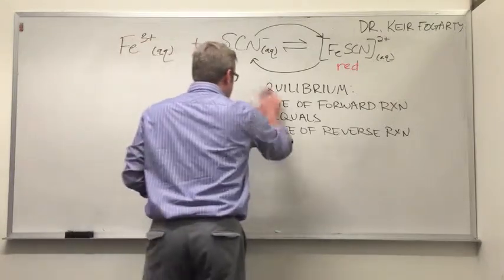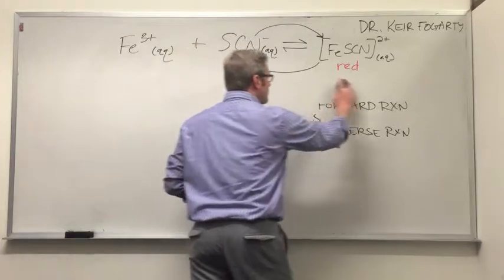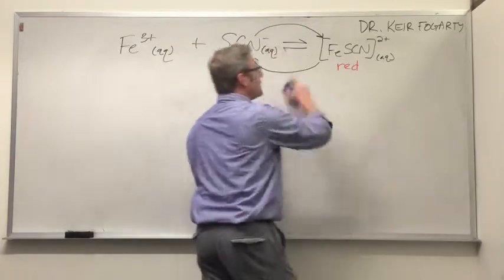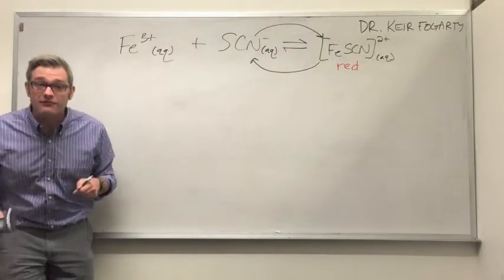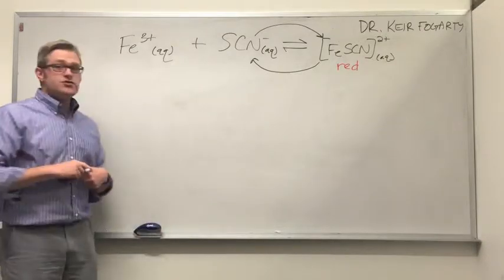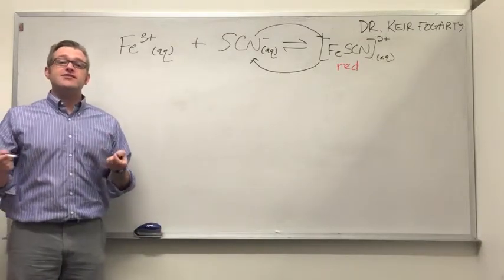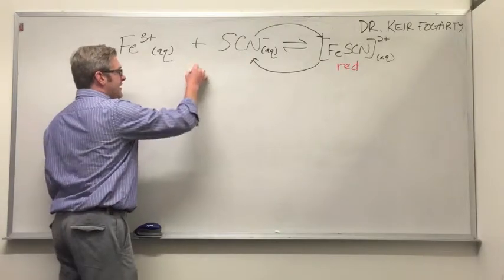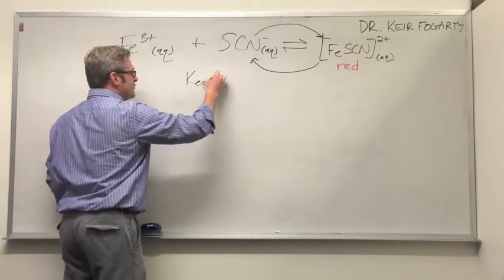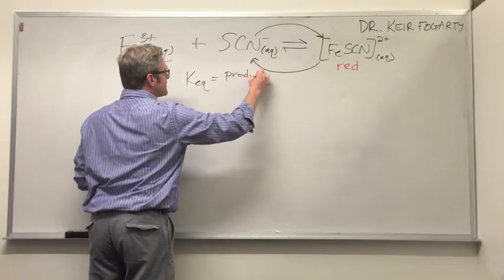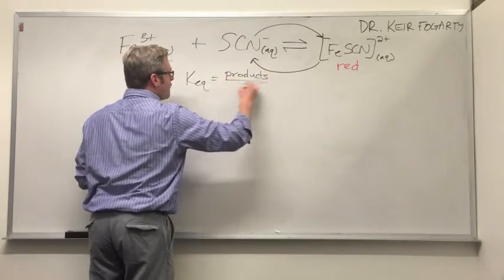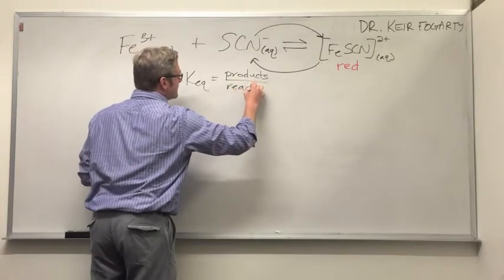Well, one way to account for equilibrium, to know how much product we have formed and how much reactants are left over, is to use an equilibrium constant expression. Okay, so we have an equilibrium constant, Keq, which is the ratio of the products over the reactants.